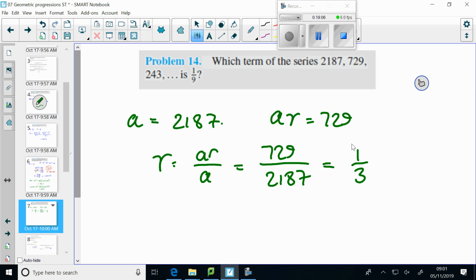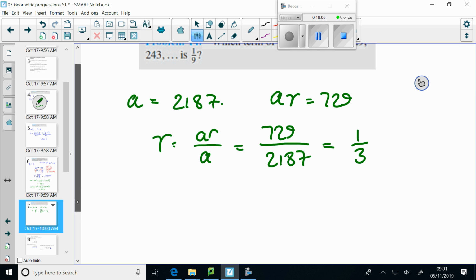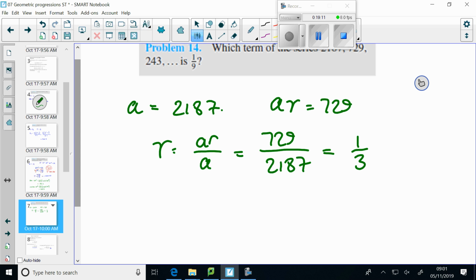All right. We're taking this term that is 1/9. Okay. And we know that's equal to ar to the n minus 1. We want to find n, don't we? Which term is the term equal to 1/9?